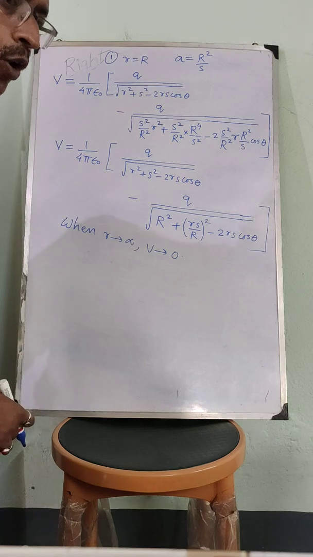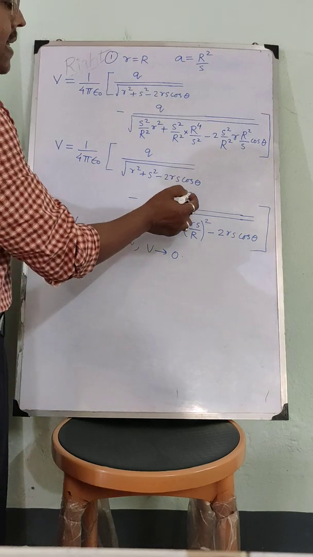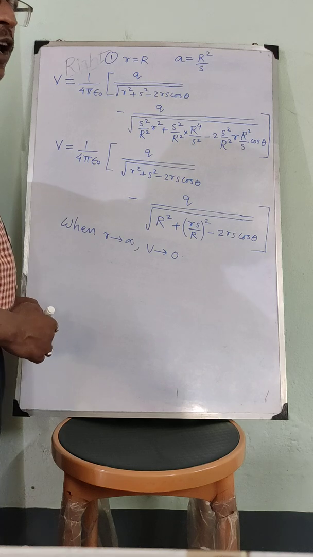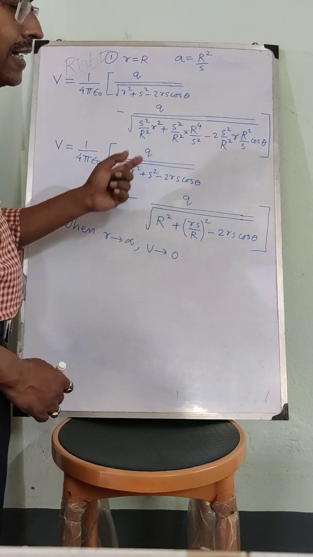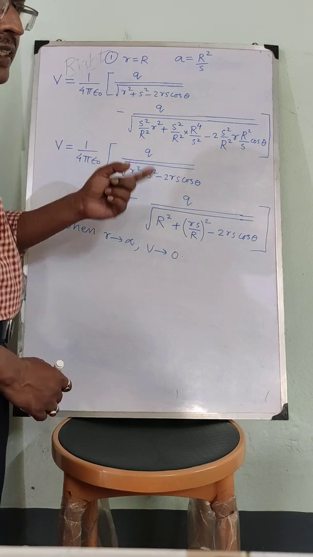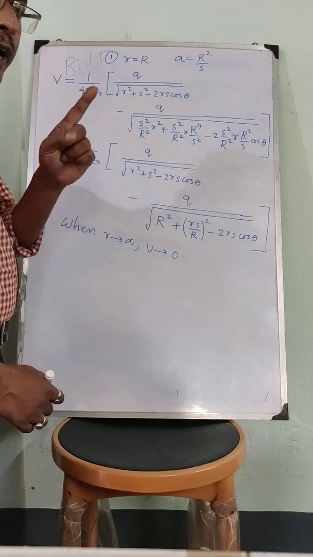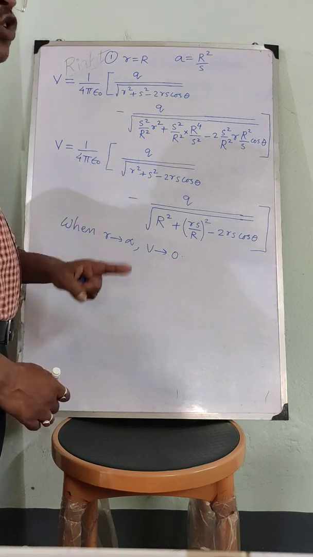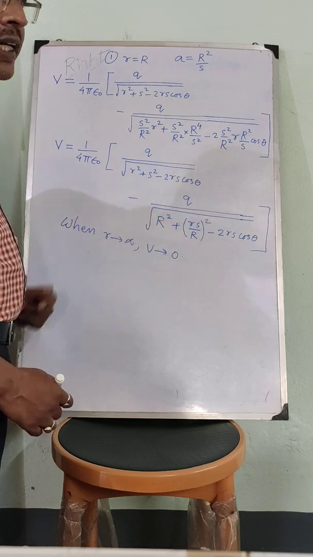So from the corollary of the first uniqueness theorem, we can say that this is our required potential, because the corollary of the first uniqueness theorem says that if the charge density in a region is known and the value of potential on the surface of the boundary is given, then there will be a unique function, only a single function, which will satisfy the two boundary conditions and also agree with the charge density given.